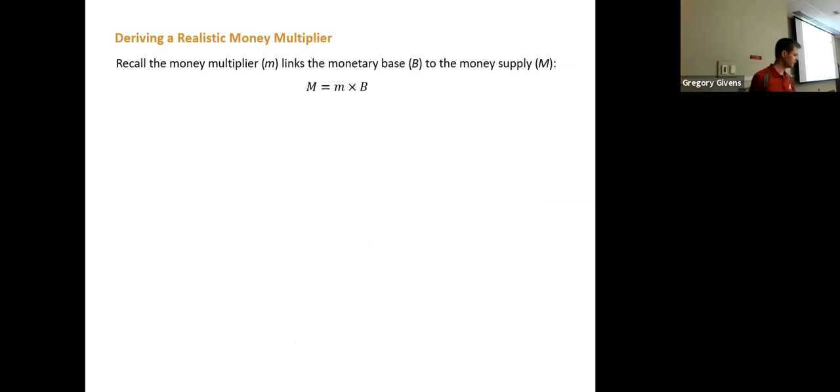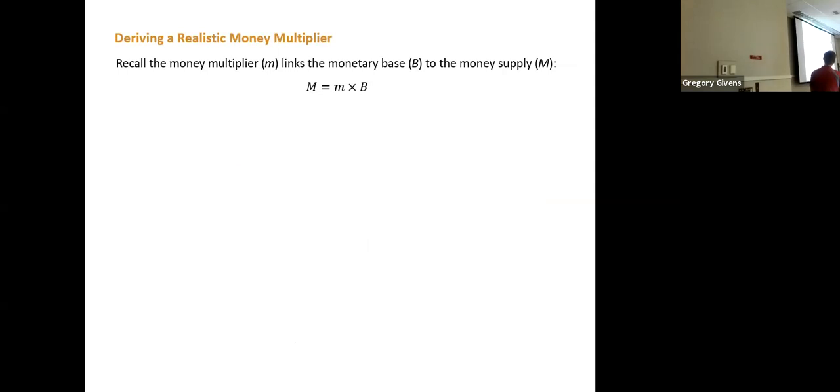Okay, questions so far? All right, in order to incorporate the changes that I just talked about on the previous slide, I think the best place to start is to simply rewrite that equation that we discussed at the very beginning of the chapter.